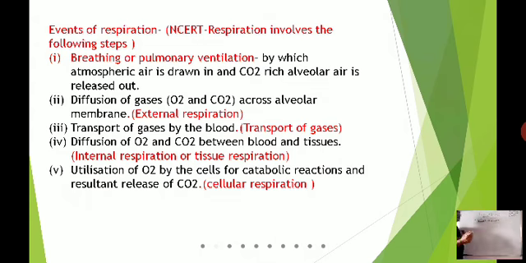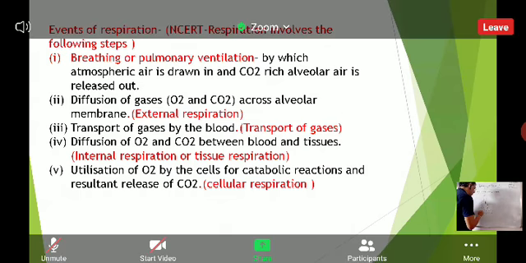So see, very easy. This one, that is the inhalation and exhalation, is known as the breathing or ventilation of lungs. See, oxygen coming, CO2 going. This is known as the external respiration. Now, oxygen is carried up to the tissue.